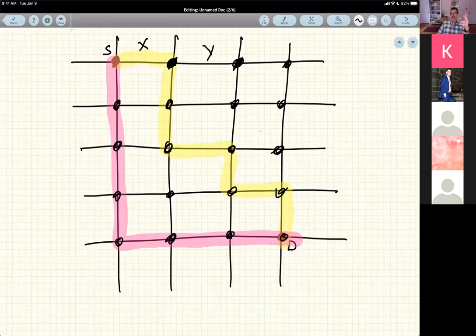I have 20 vertices, and each vertex looks like it's connected to 2, 3, or 4 other vertices at most, right? Each vertex, like S, is connected to 2 vertices. This one over here, we're going to call it A, is connected to 3 other vertices. It's connected to B, C, and D, right?